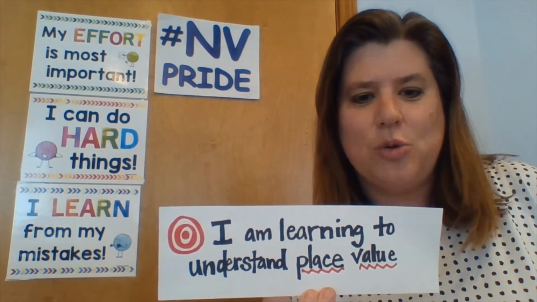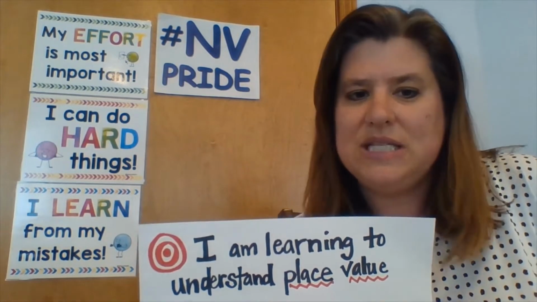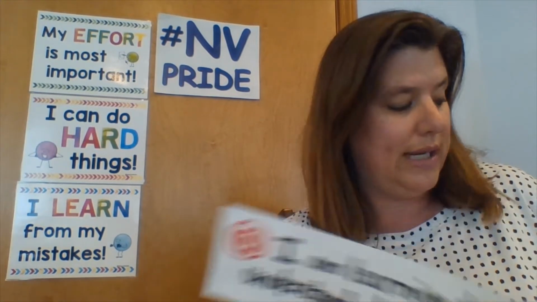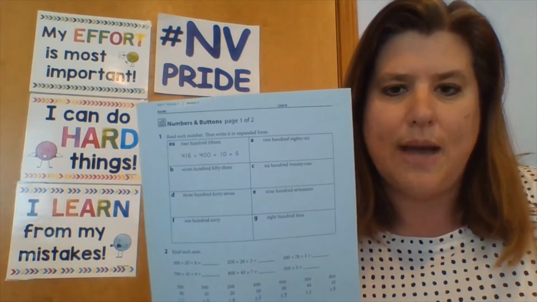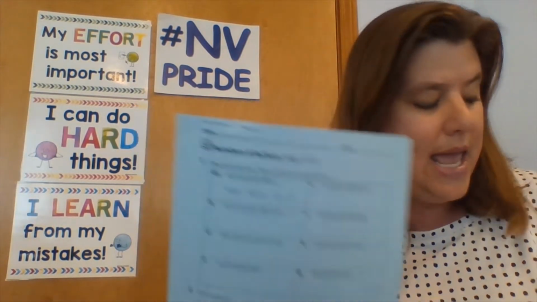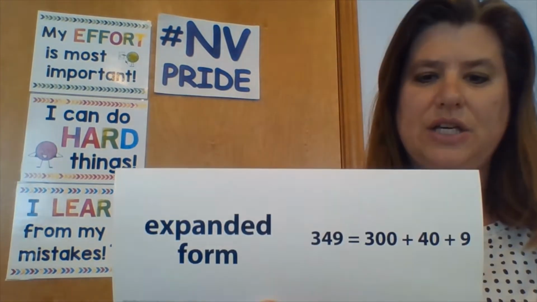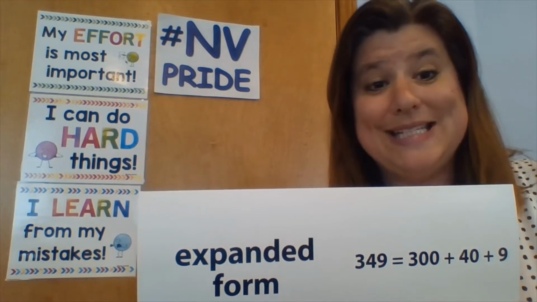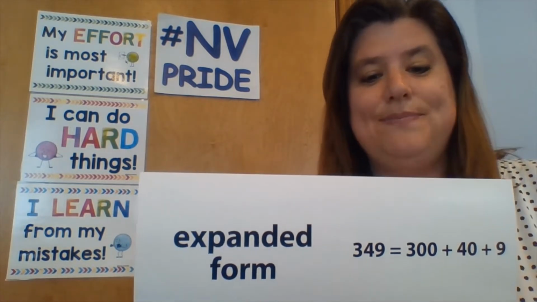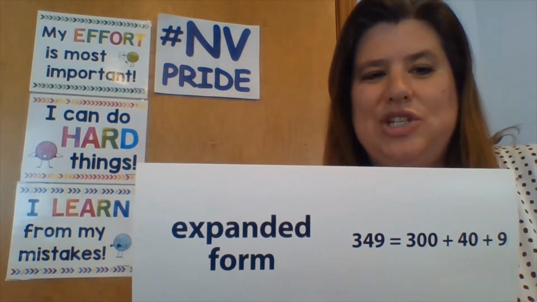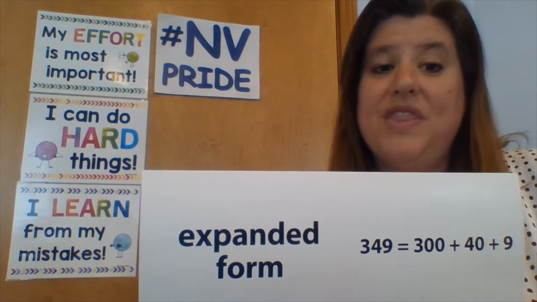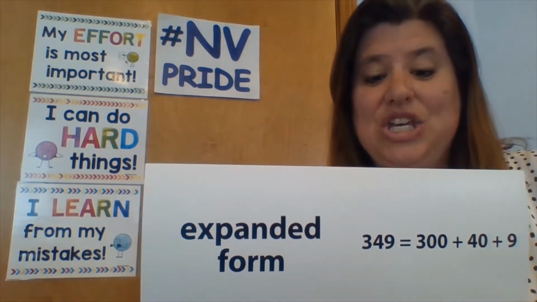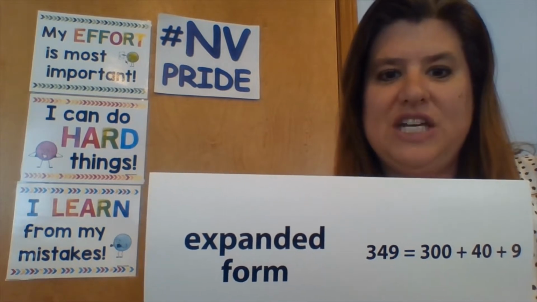All right. So the way we're going to understand place value today is we're going to be working on the activity sheet in your packet that's called Numbers and Buttons. And you're going to be practicing place value using expanded form. Expanded form just means that you're going to write a number using the place value of each digit.